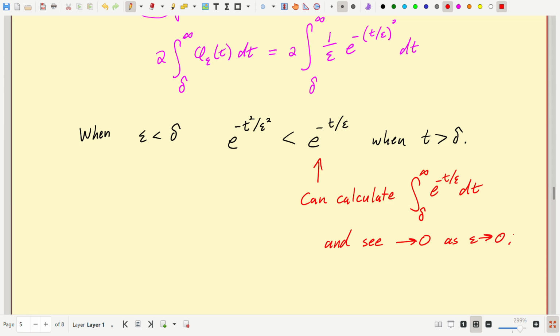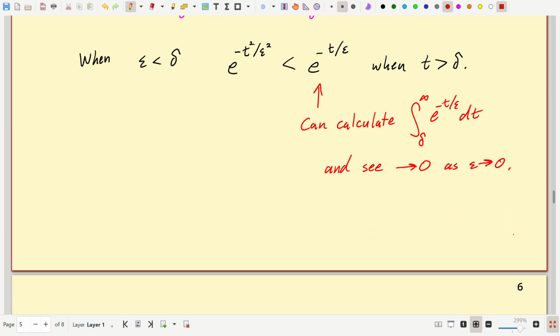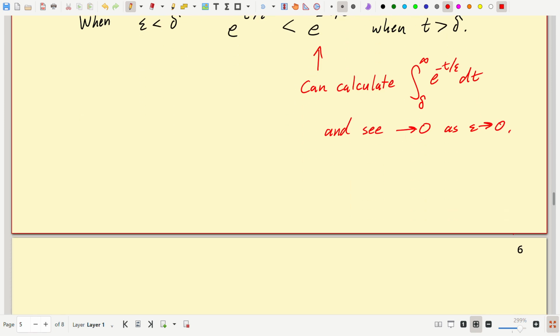So that's just a little technical calculus fact. You don't have to be able to calculate that integral to show it goes to 0. Let me tell you what Stein does. Okay, so that's the end of it.